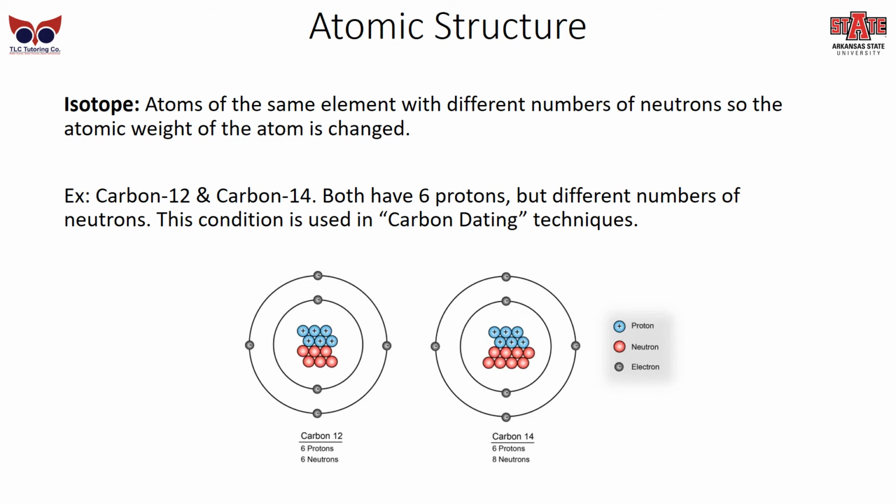It's an unstable isotope. Carbon-12 is what you think of as just like coal carbon. Both of these carbons have 6 protons, but different numbers of neutrons. Again, this is used in carbon dating. You can see in this picture, carbon-14 has 8 neutrons versus carbon-12, which only has 6.